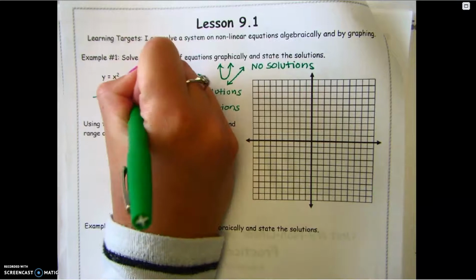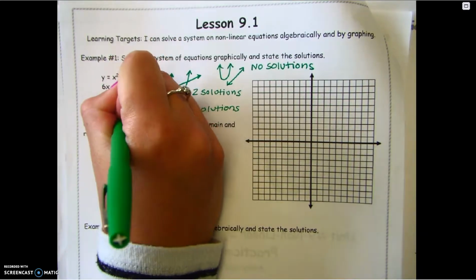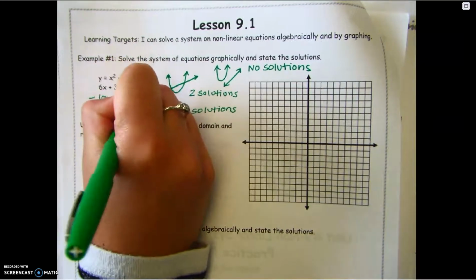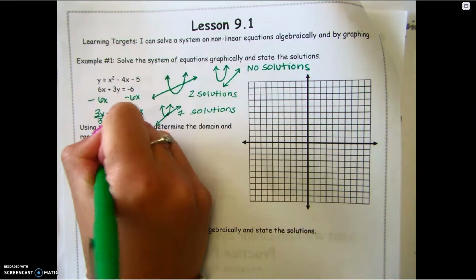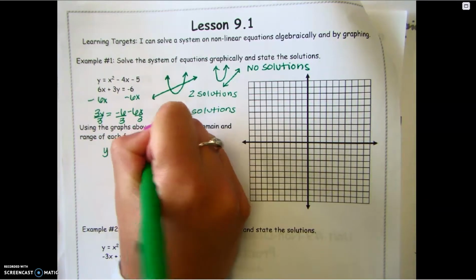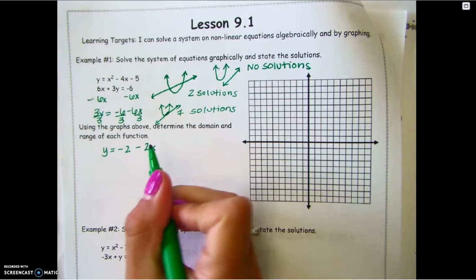I'll subtract 6x from both sides. I have 3y equals negative 6 minus 6x, divide both sides by 3. I have y equals negative 2 minus 2x. So that's the line that I'm going to graph.